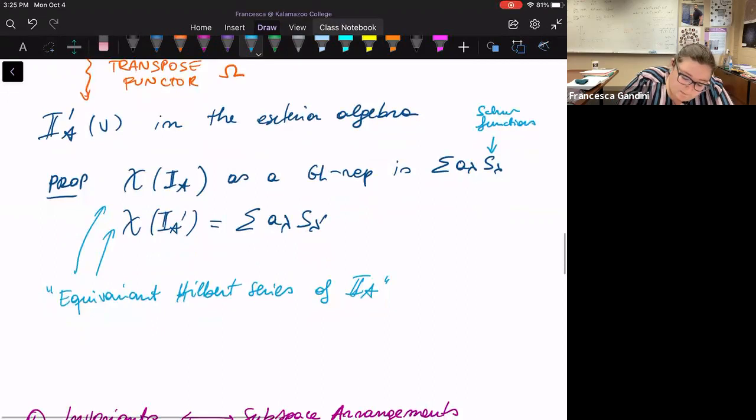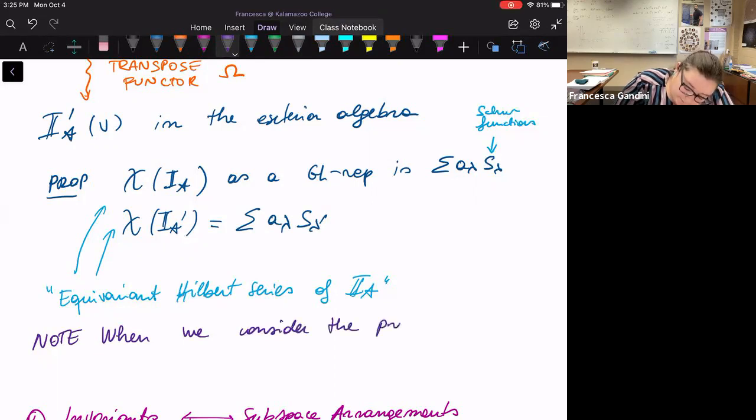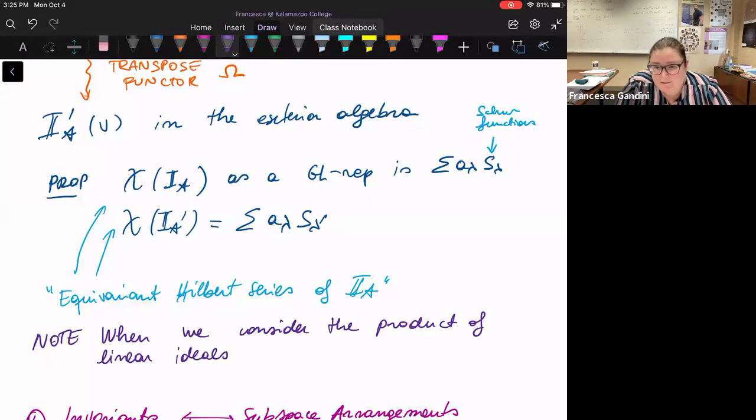And the main reason why this happens is that when we consider the product ideal, so instead of looking at the intersection, we look at the product of linear ideals, then these are generated in degree T, which is the cardinality of the subspace arrangement.